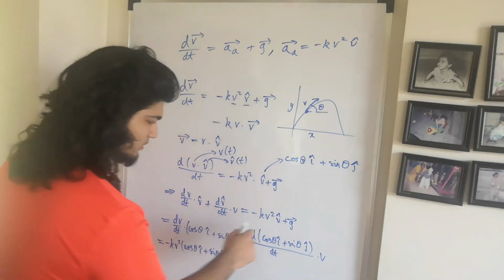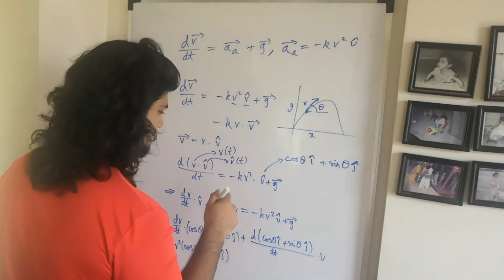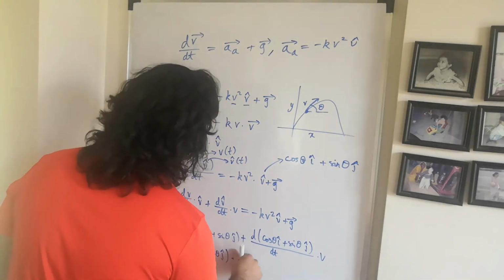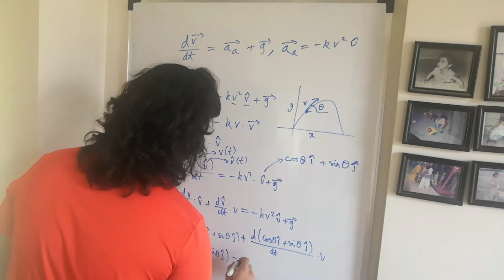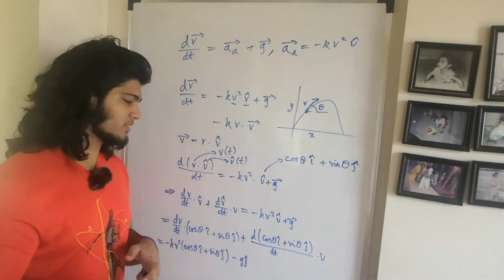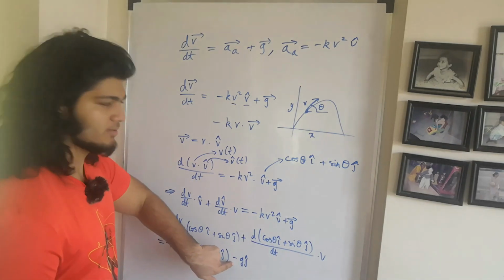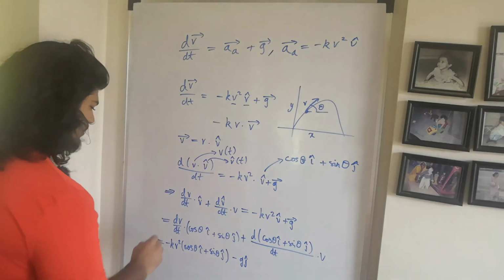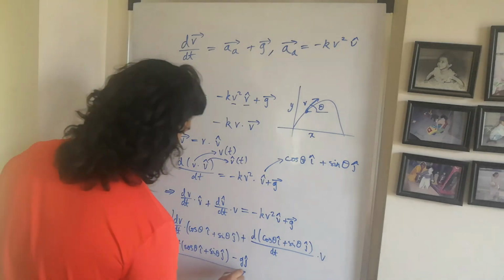And we can also write the g vector in its vector form with i hat and j hat. So this will be minus g j hat. Now g is 9.8 meters per second square, and we have to put a minus sign because it's in the downward direction. So now we have our full differential equation over here.